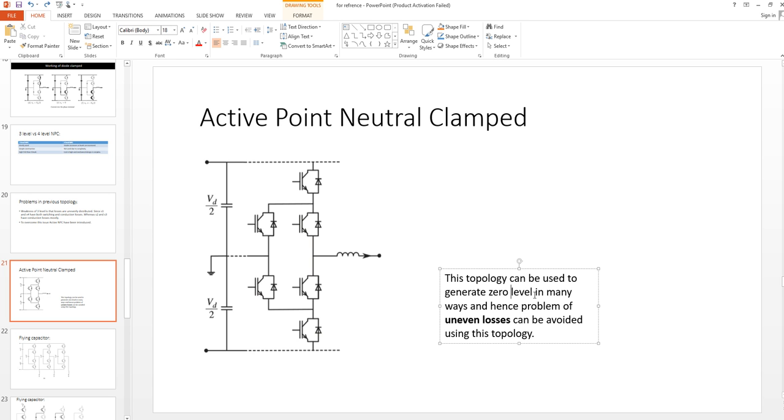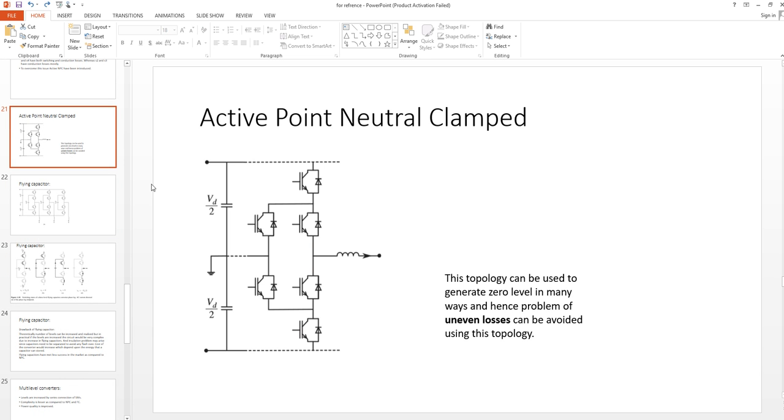Using this topology, we can not only generate the zero level in many ways, but uneven losses can be avoided. So if losses are a concern, we can use the active neutral point clamped, avoid the normal NPC, and use ANPC.